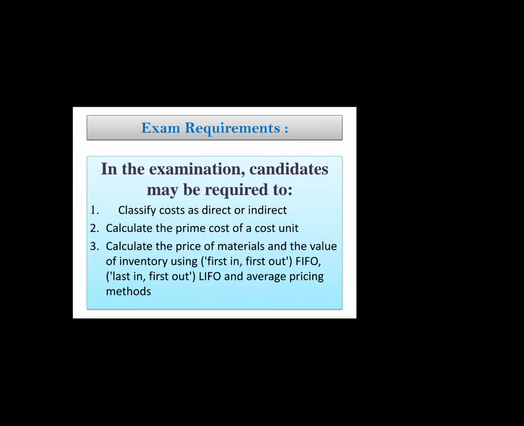So in the examination, candidates, that is, you, may be required to classify cost as direct or indirect and calculate the prime cost of a cost unit. You may also have to calculate the price of materials and the value of inventory using different methods of inventory valuation, like first in, first out, last in, first out, average price method, and so on.